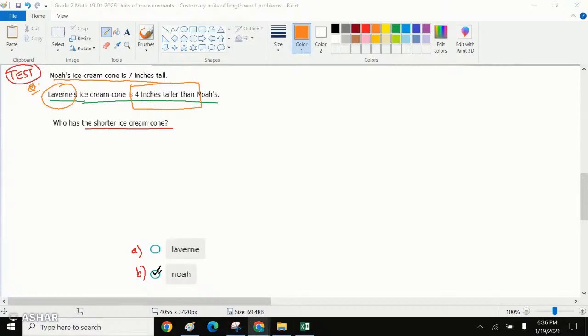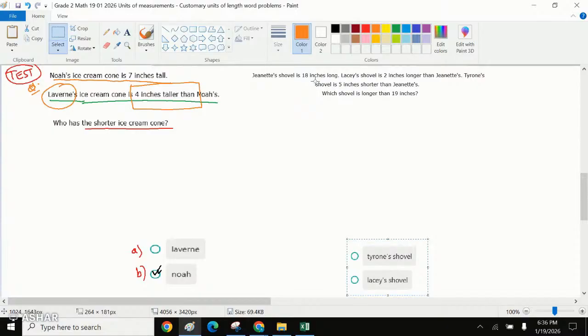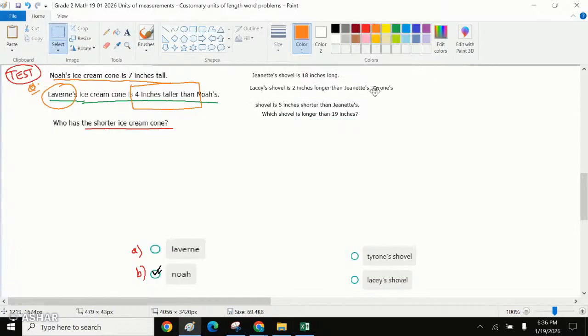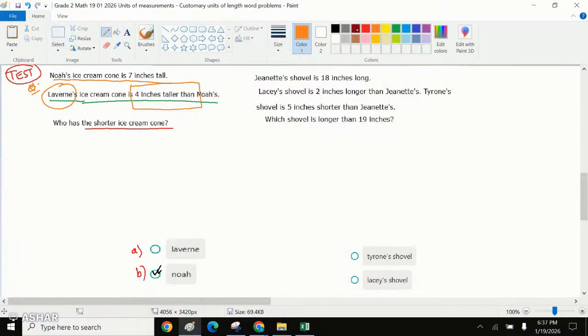Okay, we have the next question, very similar to what we did. Let's say this is the question given to us, question number 2. It says Janet's shovel is 18 inches long. Lacey's shovel is 2 inches longer than Janet's, right?